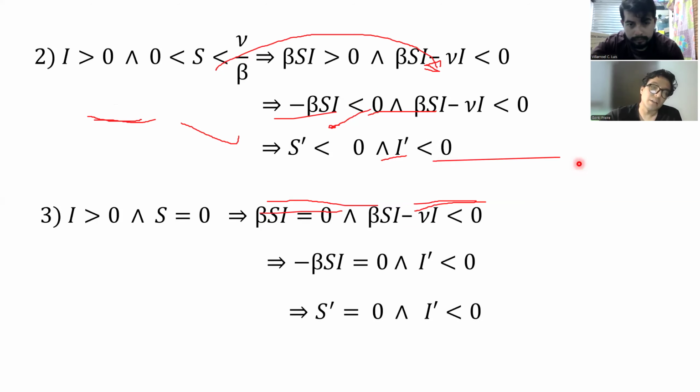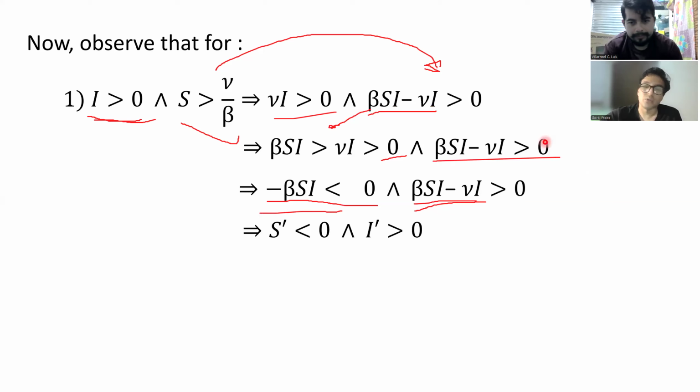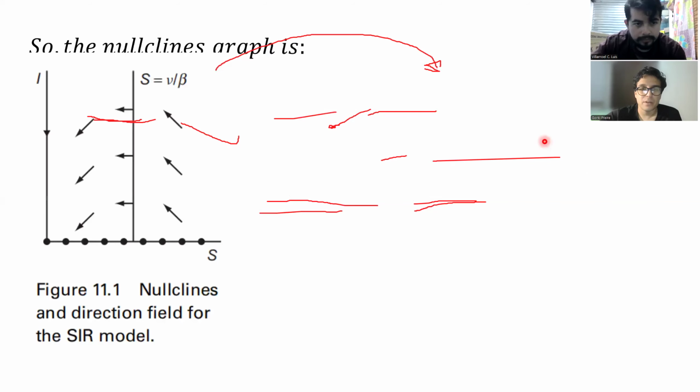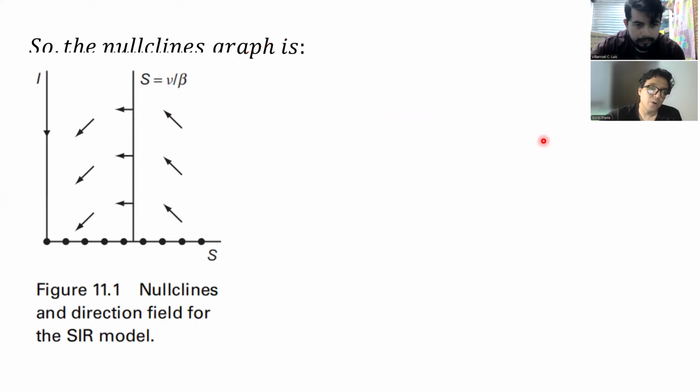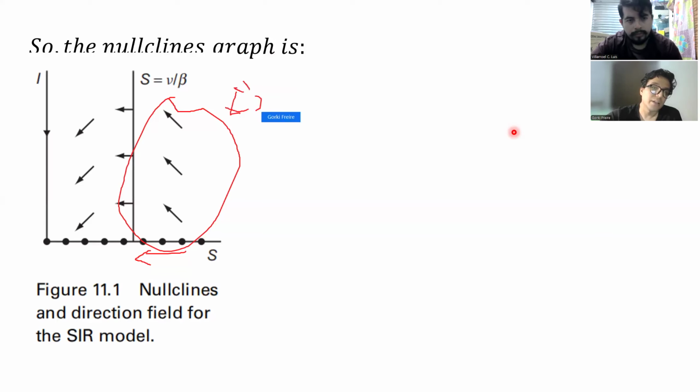That means if we go to the graph, like it's 2 pages, and see how we analyze it, in this section S is greater than V over beta. S prime is negative, so S is decreasing. But I prime is positive, so I is increasing.